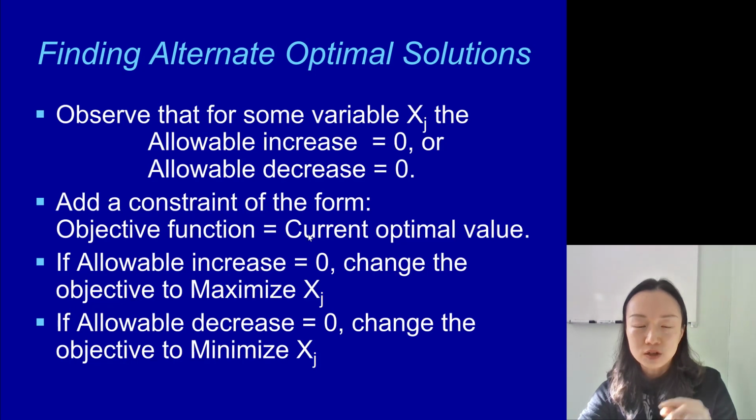So you would add a constraint to set that objective function cell to be equal to the current optimal value it gives you. And then make your objective function to either maximize that decision variable or minimize that decision variable, depending on if it's the allowable increase or the allowable decrease of its coefficient that is 0. So if you're interested, then give it a try.